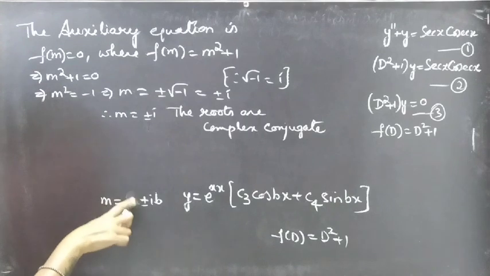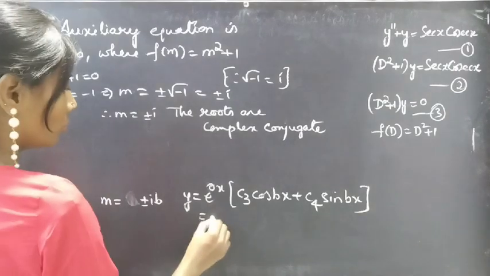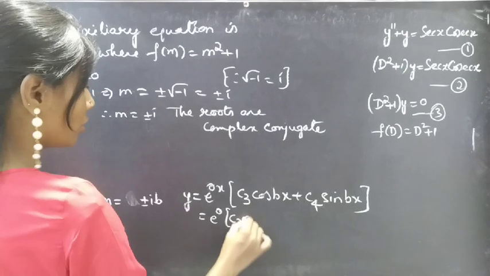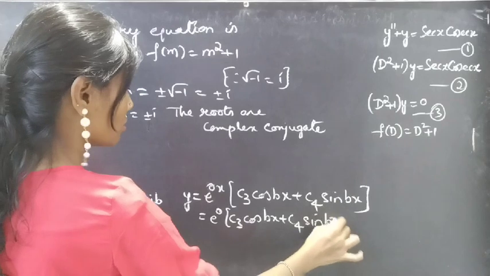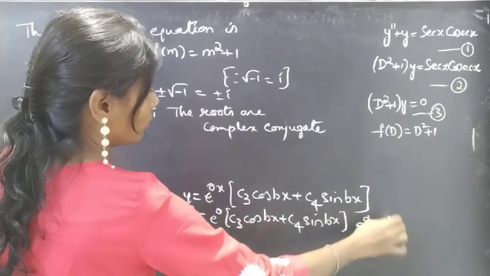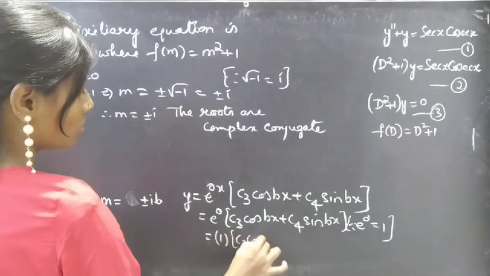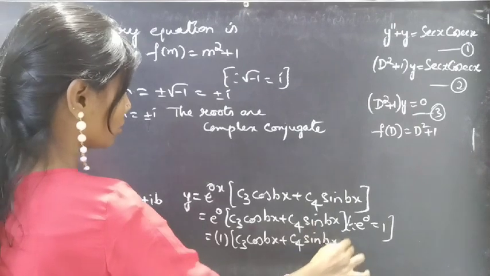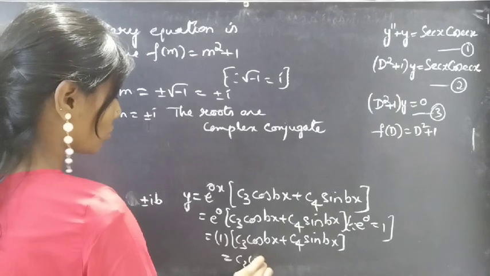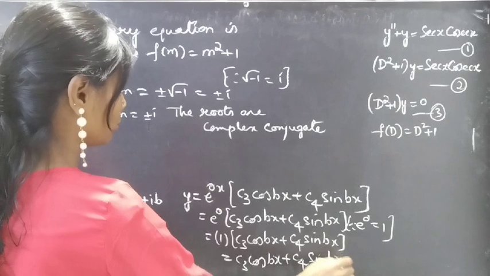In case of a equal to 0, we'll get e power 0 into x, which is e power 0, into c3 cos bx plus c4 sin bx, since e power 0 equals 1. It gives us c3 cos bx plus c4 sin bx, right?